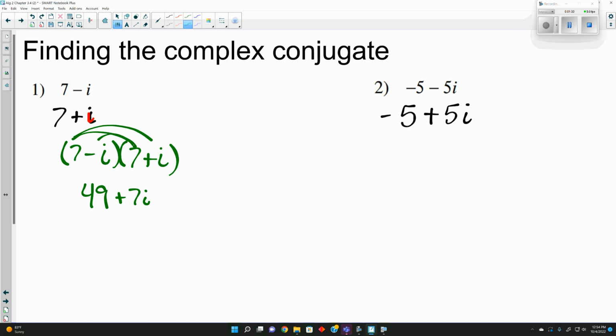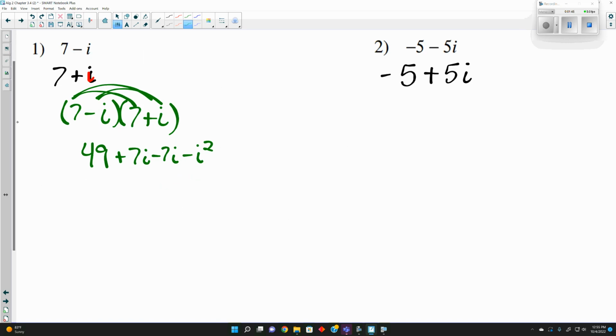Negative i times 7 is going to be negative 7i, and negative i times i is going to be negative i squared. Now we can combine the middle terms. 7i minus 7i, these cancel out. i squared is negative 1. And what is 49 minus negative 1?